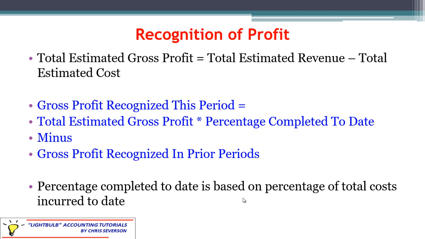Now again, what we're going to see, really the key thing to this entire method, is understanding that percentage of completion itself. It's based on the percentage of total costs incurred to date.